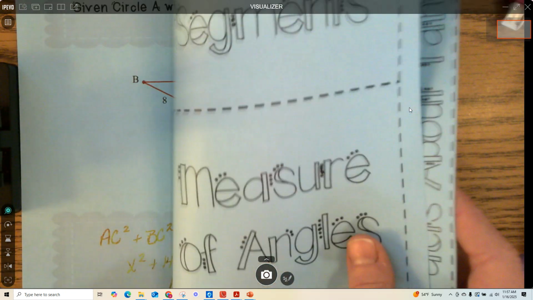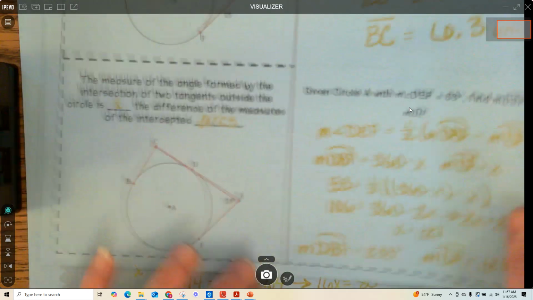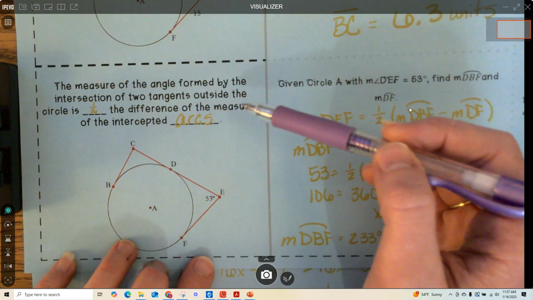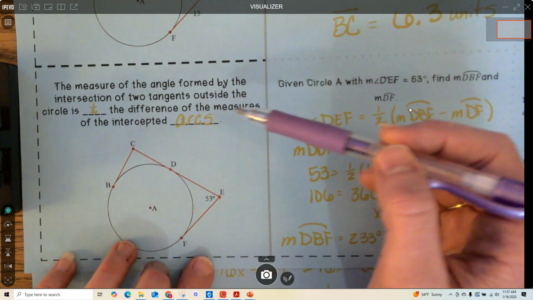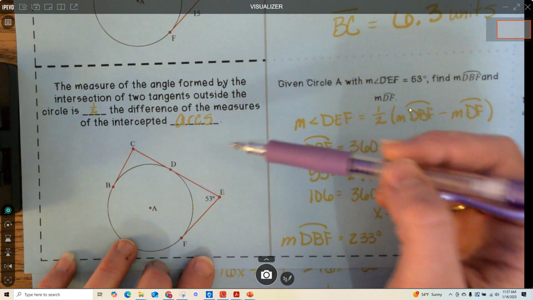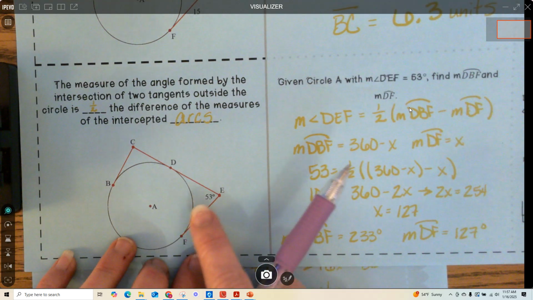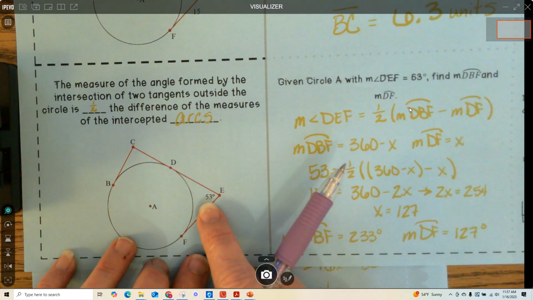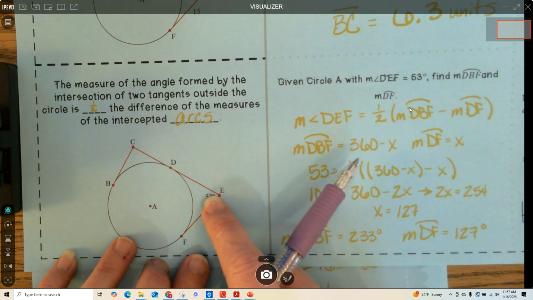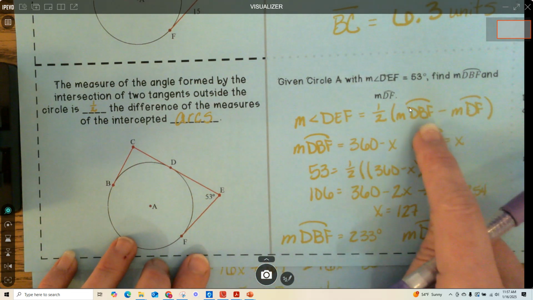So intersecting, and then measure of the angles. The measure of the angle formed by the intersection of two tangents outside the circle is half the difference of the measures of the intercepted arcs. So if this angle here is 53 degrees, where these two tangents intersect outside the circle, I can take the difference of the two arcs.